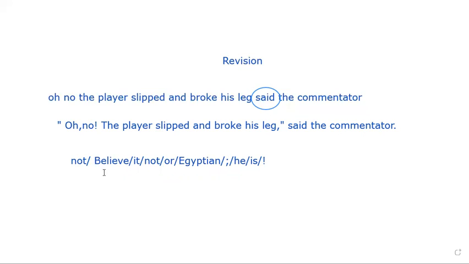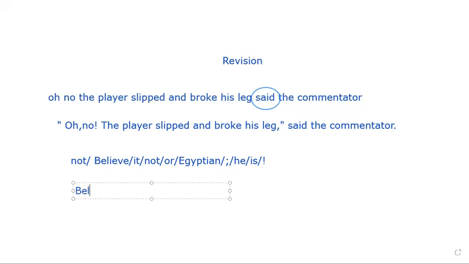Since we have a capital letter, we always know that this is the word we're going to start with. So how are we going to start a sentence? We have an English expression that means, can you believe that? It's said to be believe it or not. Believe it or not means it's a surprise fact, a fact that you might not believe or that might surprise you.